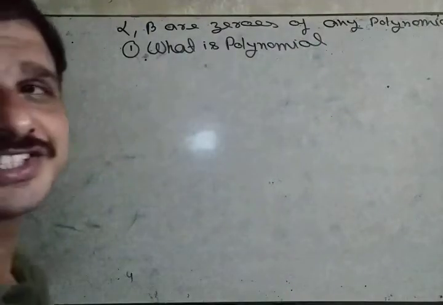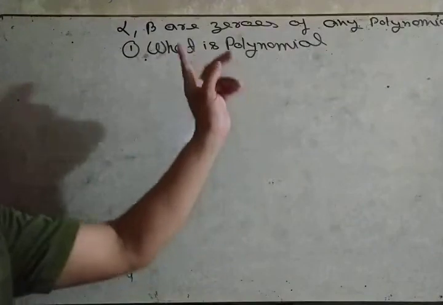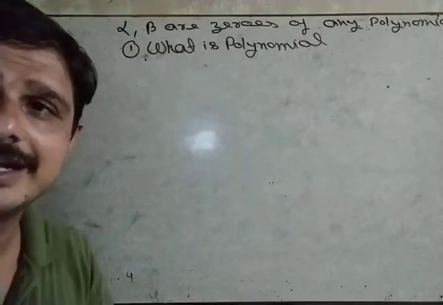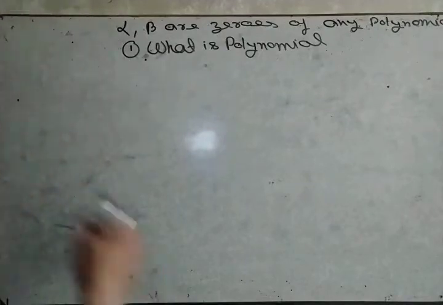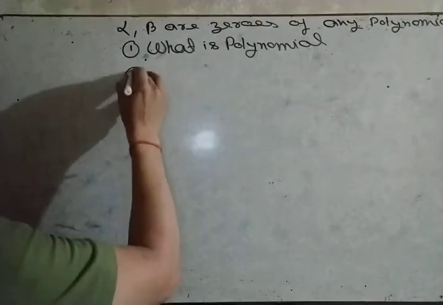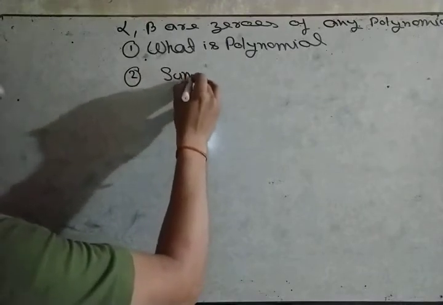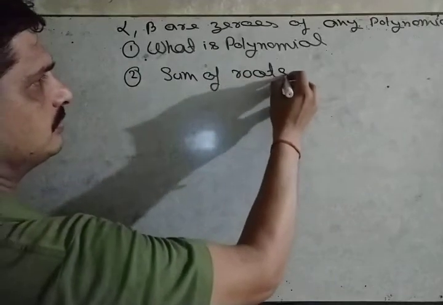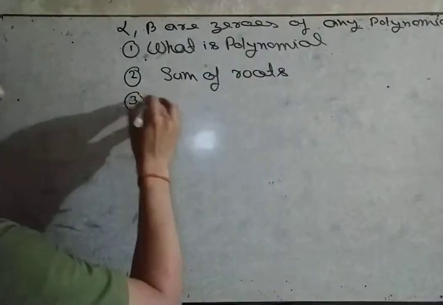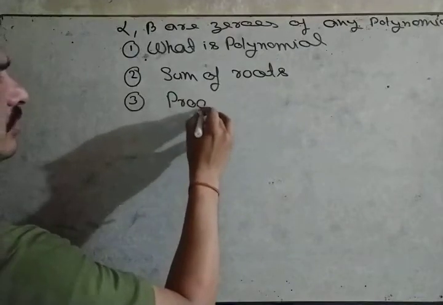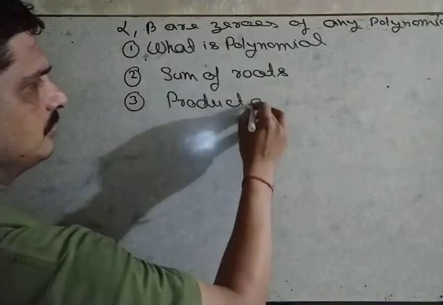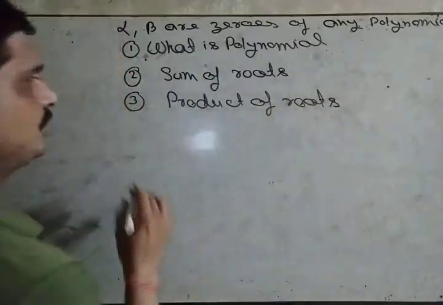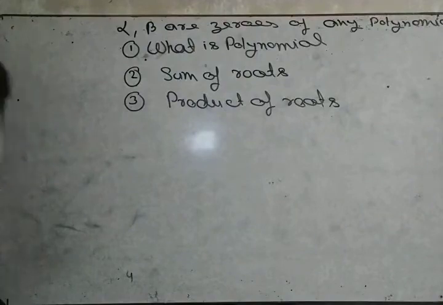I am not asking the definition of polynomial. If alpha and beta are given as roots, then how can you find the polynomial? Second, the sum of roots. Third, the product of roots. You need to understand these three things.